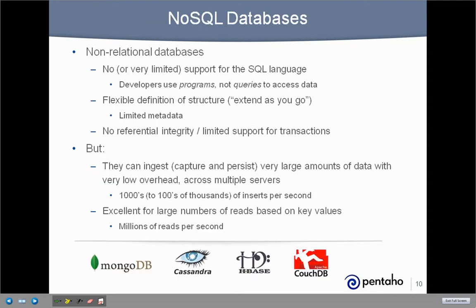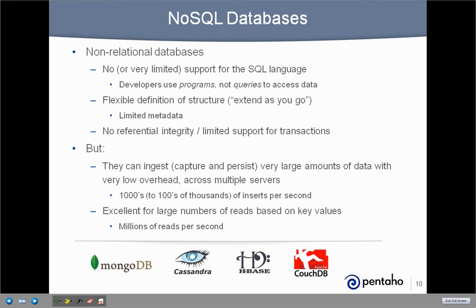So moving forward, let's talk a little bit about NoSQL databases. These are non-relational. There is typically no or very limited support for SQL. They tend to be very flexible, with an extend-as-you-go methodology, very limited referential integrity, and limited support for transactions.